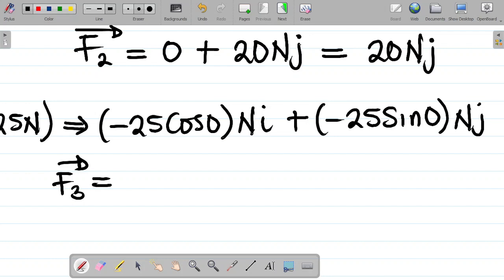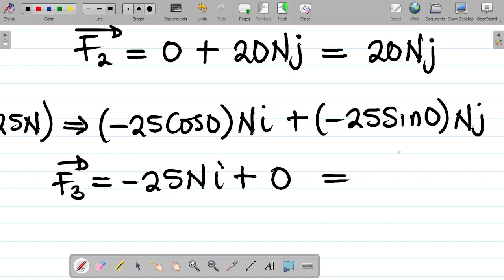Minus 25 cos 0. That gives you minus 25 Newton I plus minus 25 sine 0. Minus 25 sine 0 gives you 0, and of course the Newton J.